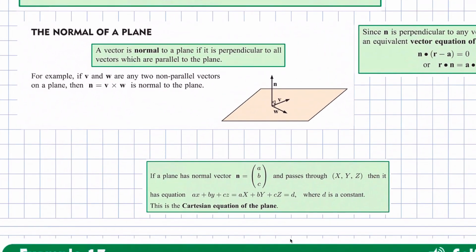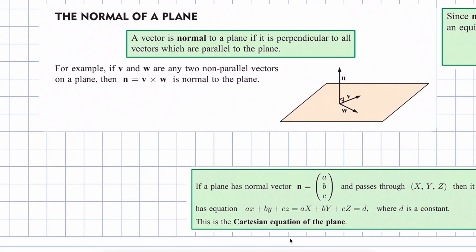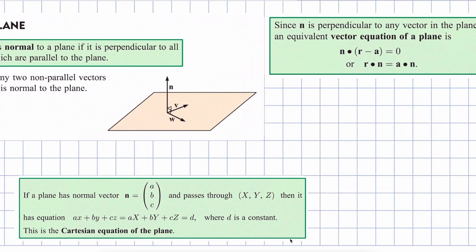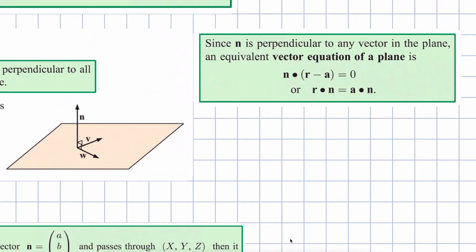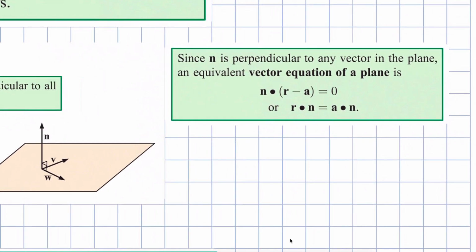We already know that if we have the cross product of V and W, then the vector that we get is 90 degrees to both. So if we've got two vectors on a plane, the cross product gives us the normal to the plane. Then we have this piece of information that since n is perpendicular to any vector on the plane, an equivalent vector equation of the plane is this.